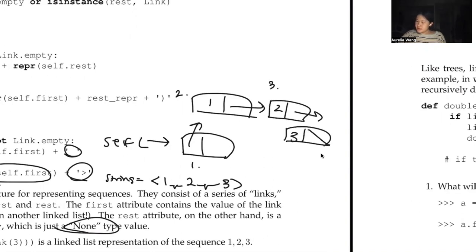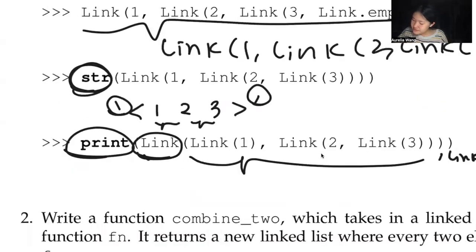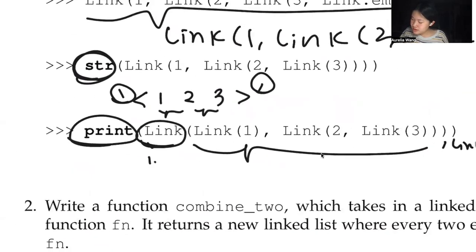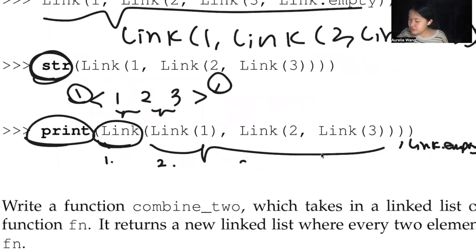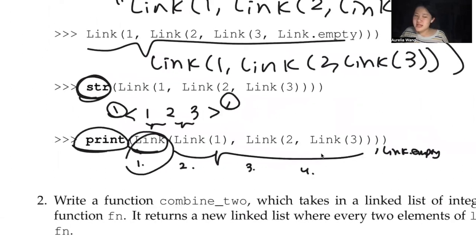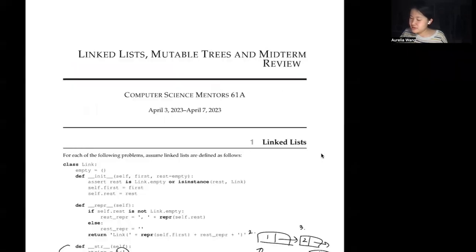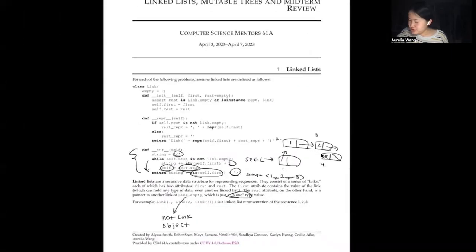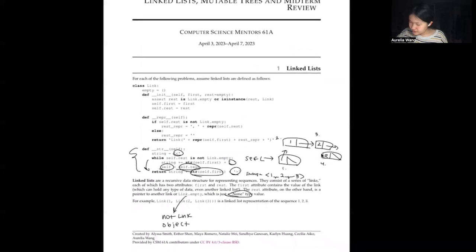So this is going to be a third link object and fourth link object. And if we go back here to help you visualize it, this is the first one, and inside is the second one, and then the third one, and the fourth one. So this first one is the only one that contains a nested linked list. So our representation is going to look something like this.